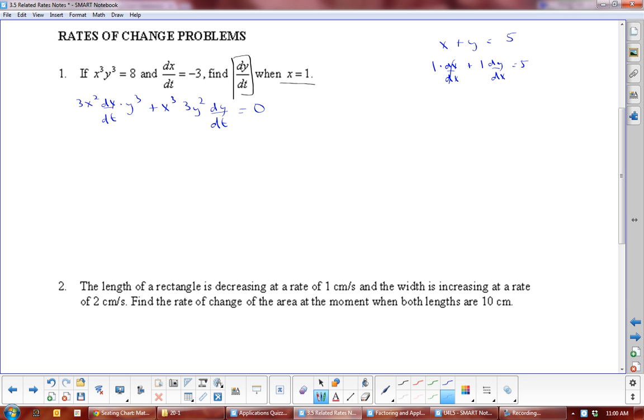Now, you can see why I made it equal 0. Does everyone see why I made it equal 0? Because my derivative of 8 is 0. Now, here is my unknown. This is what they want me to find. Can I go and solve for it yet?